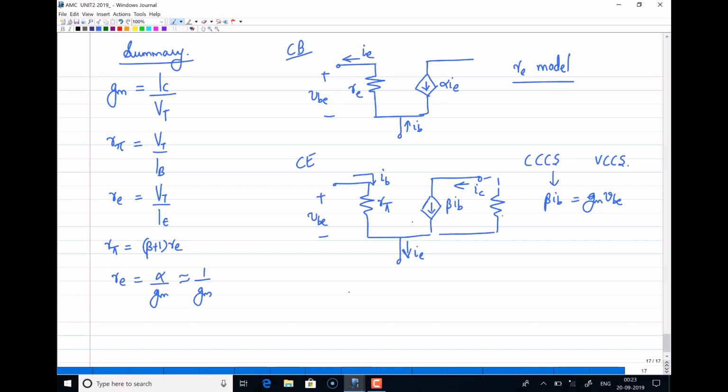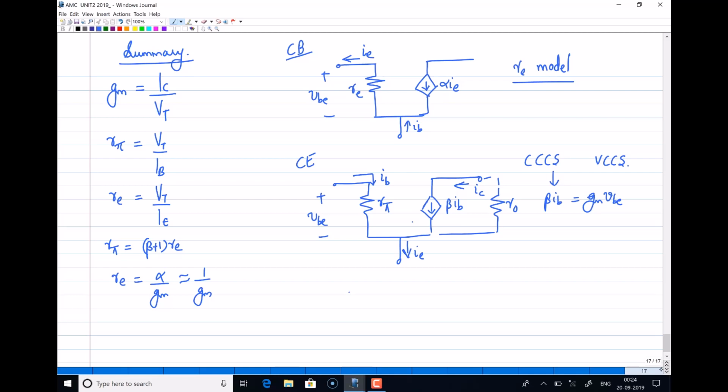We used an R0 resistance in the case of MOSFET because of the finite output resistance. Similarly, when I initially drew the models, I assumed that the output impedance is infinity, but that is not true. Especially in common emitter characteristics, you can see a slope, and that accounts for this R0 resistance.